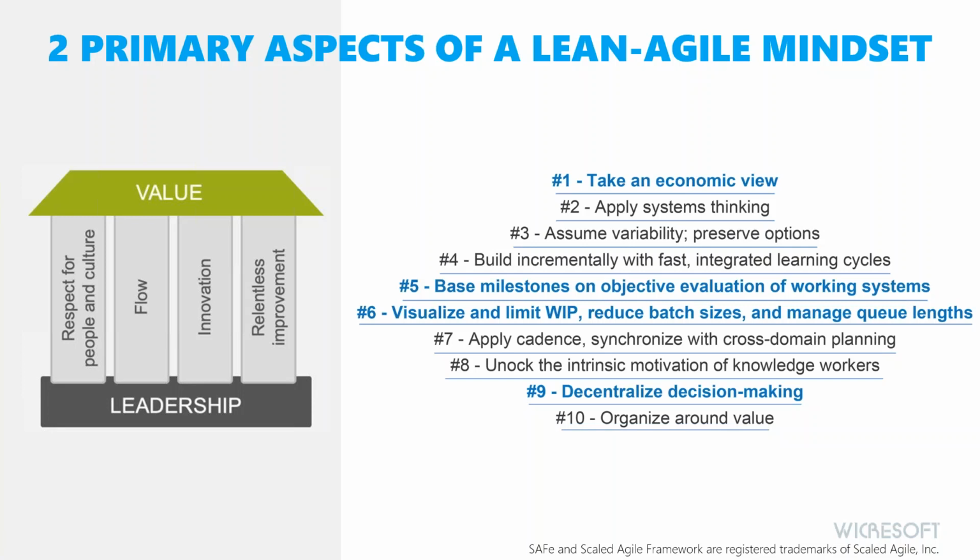Visualizing and limiting work in progress. Small batch sizes are good. And part of the framework and the methods and tools are about how you deal better with understanding the sequencing of work, which is crucial to dealing with these problems of capacity in the organization.